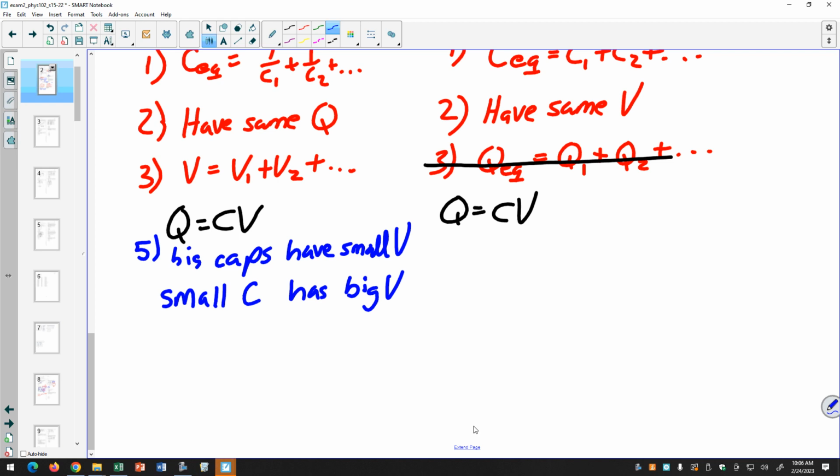There's an inverse relationship between the voltage and the capacitance. That comes about because of this equation, by the way. For capacitors in series, the charge is constant, Q is constant. So if this goes up, that means this goes down by the same amount. There's an inverse relationship between C and V. That's where that rule comes from.